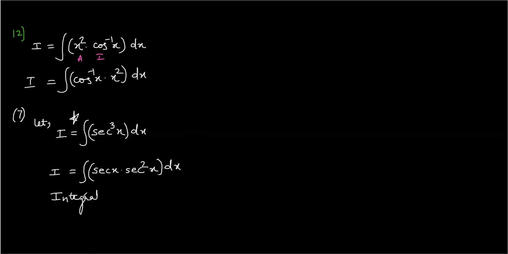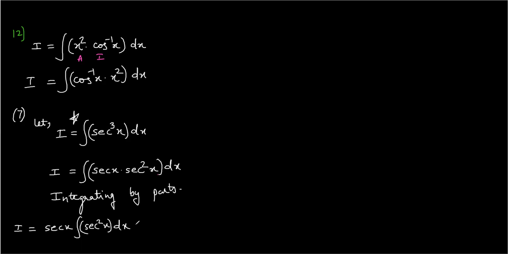Therefore I equals sec x integration of sec square x dx, minus big integral, and here I have d by dx of sec x into integration of sec square x dx, and dx.